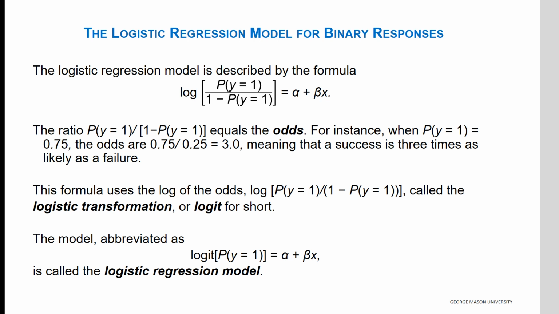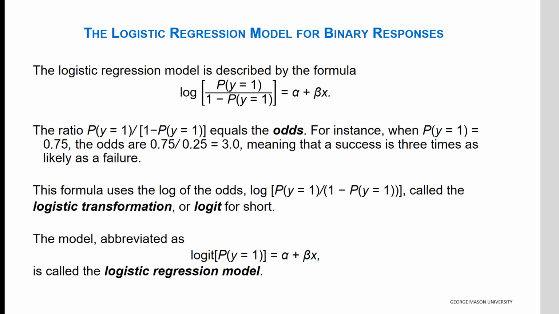For instance, when the probability of y equals 1 is 0.75, the odds are 0.75 over 0.25, which is equal to 3, meaning that a success is 3 times as likely as a failure.